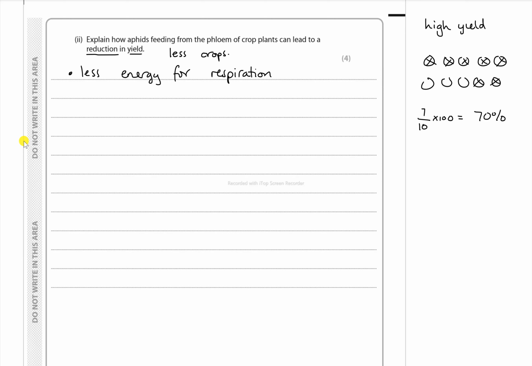If you've got less energy for respiration, that means less energy available for active transport. You can have less amino acids for growth.